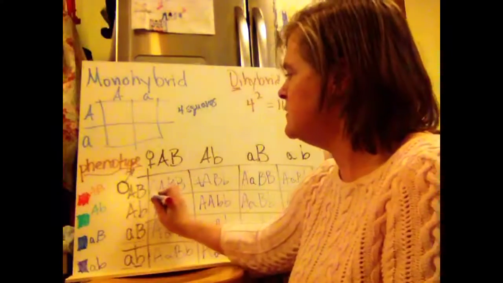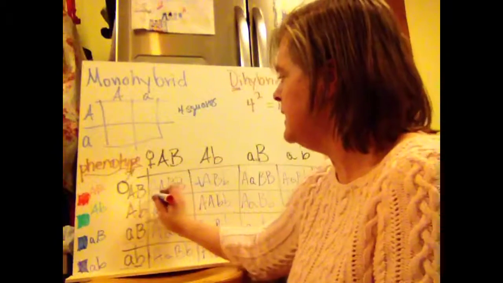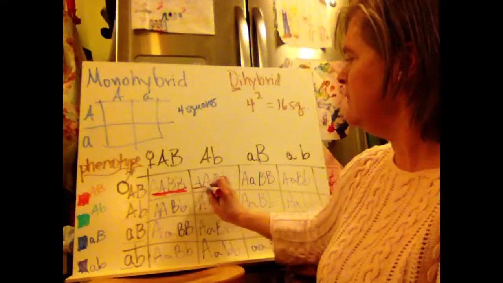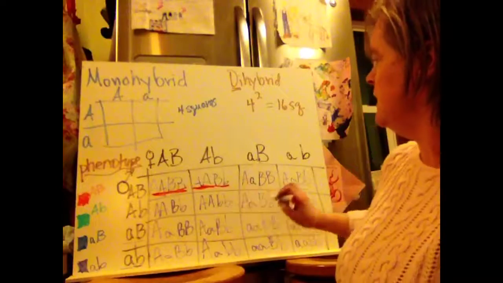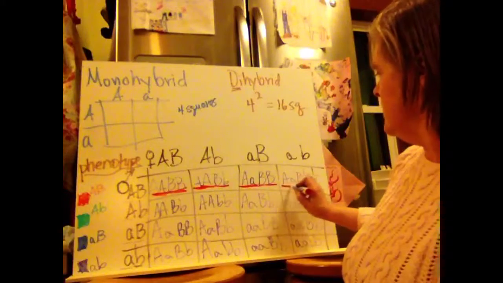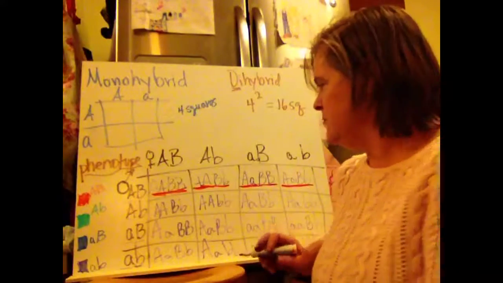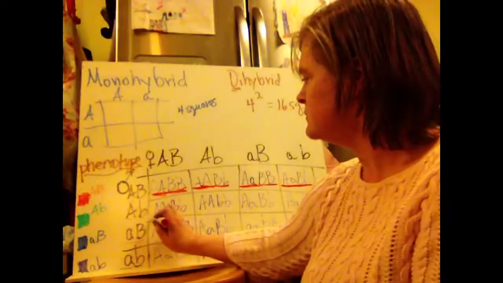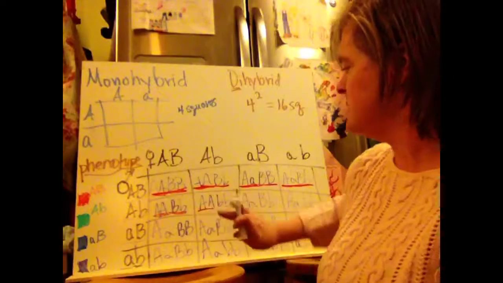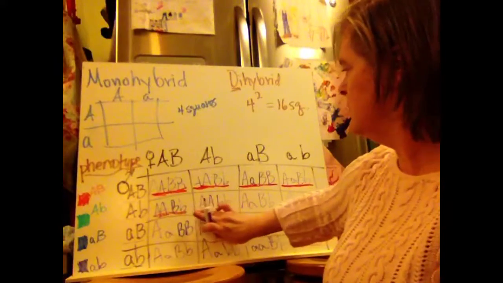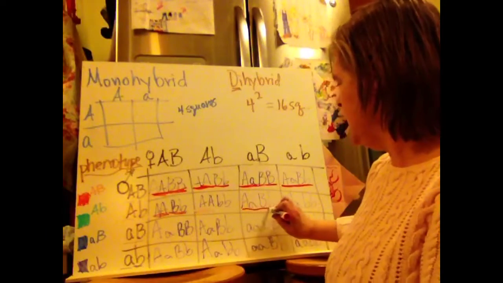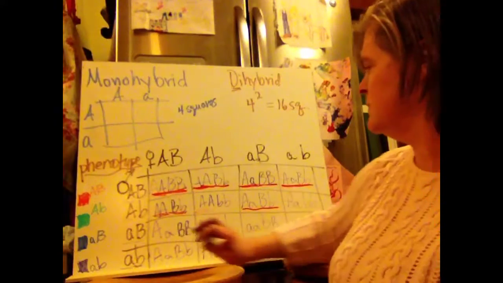Okay, this is going to be dominant A and dominant B. Here we have dominant A, dominant B, dominant A, dominant B, dominant A, dominant B. And in this row, dominant A, dominant B. Whoops, that's just going to be dominant A. So we'll erase that. Here, dominant A and dominant B.